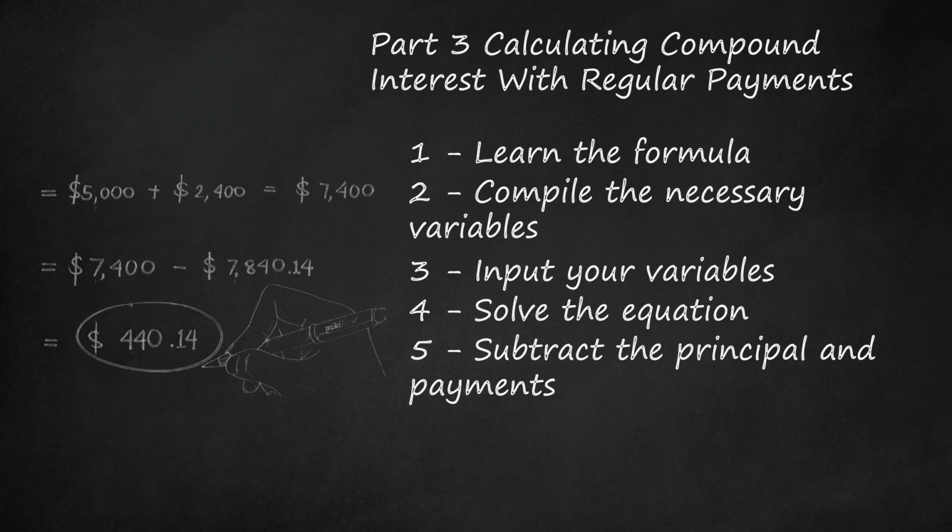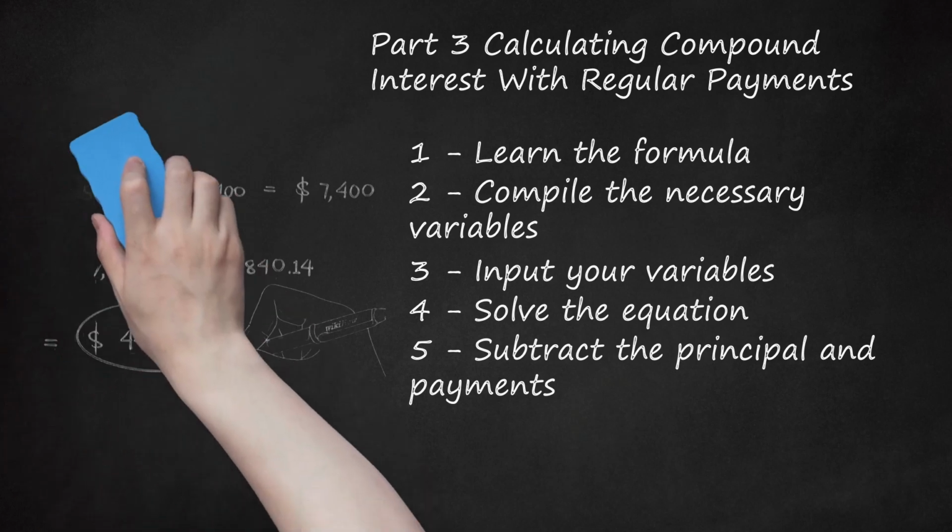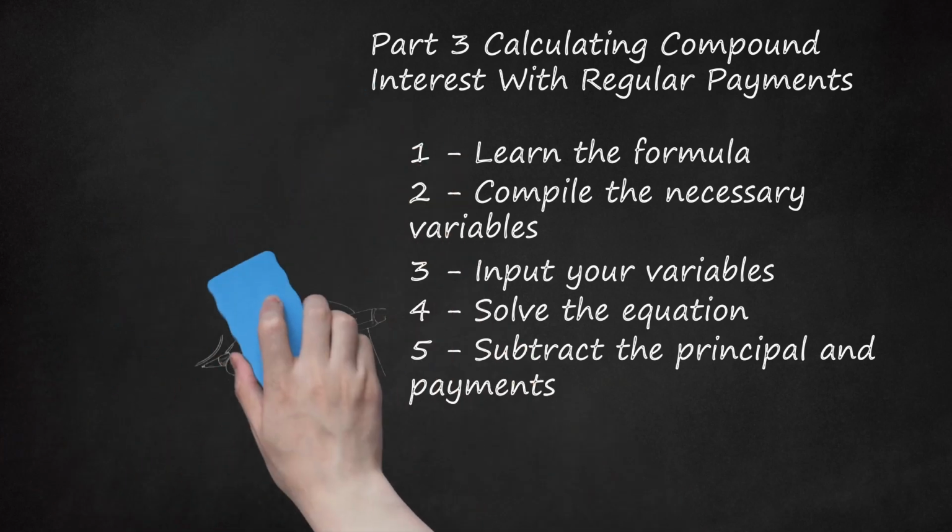The total is $5,000 plus $2,400, or $7,400. Subtracting $7,400 from the future value of $7,840.14, you get the amount of interest earned, which is $440.14.